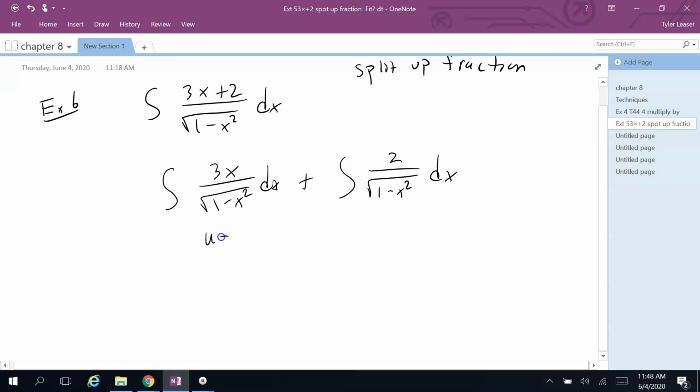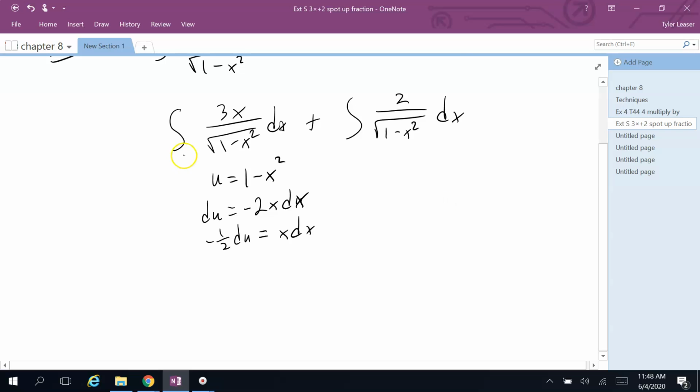If I let u be this 1 minus x squared in the denominator, then du would be negative 2x dx. And then if I divide that negative 2 over, negative 1/2 du is equal to the x dx. So when I do my substitution, it's going to be the integral, and I still have that 3 floating around, but then the x dx I'm going to substitute to be negative 1/2 du.